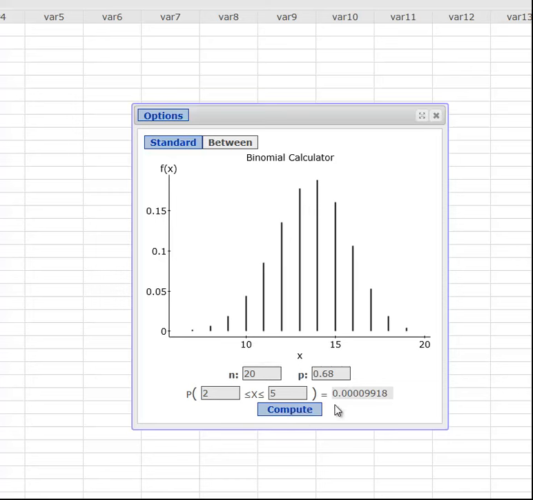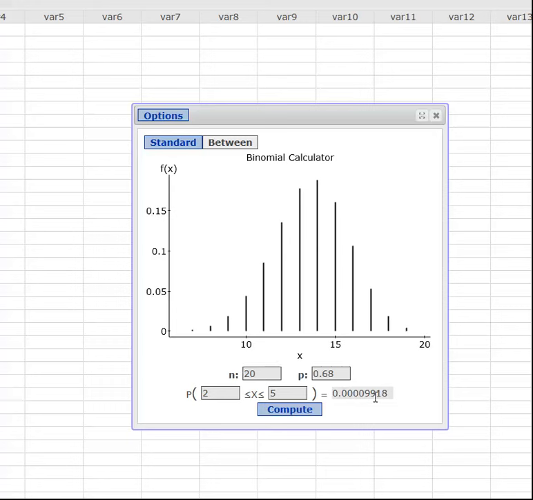At home when you're doing this, you'll see that the histogram that is generated will shade the area in question in a different color. The bars on your own computer should be highlighted in red between x equal to 2 and x equal to 5, down here in this lower tail.